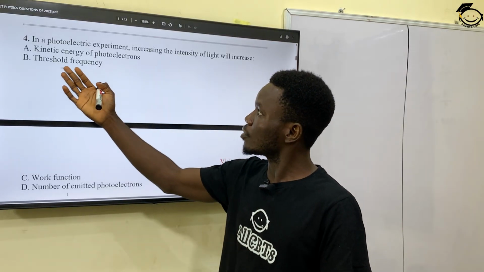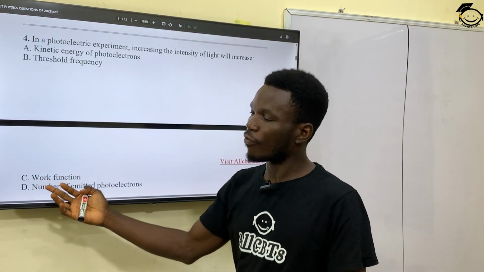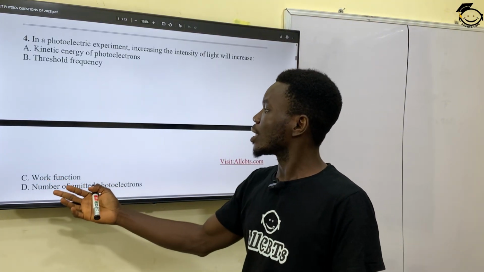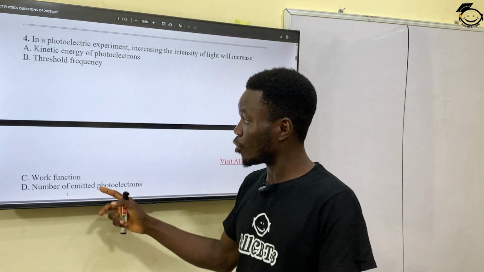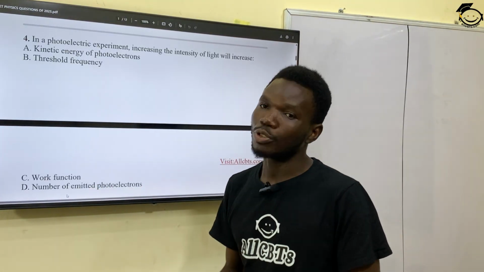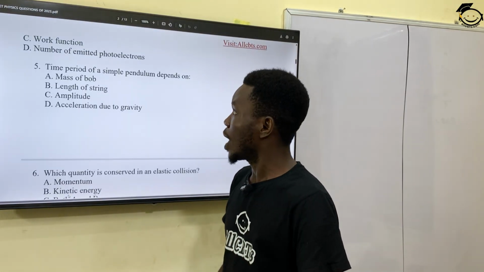Increase in threshold frequency, wrong. Increase in work function, which is wrong. Increase in the number of emitted photoelectrons is the correct answer. So the correct answer to question number 4 is option D, increase in the number of emitted photoelectrons.